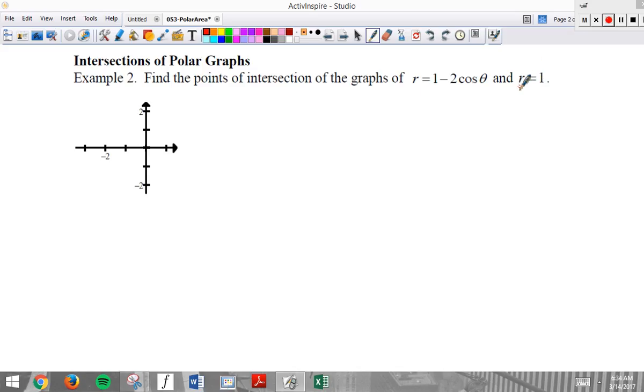So if I want to find all the places where r equals 1, I just plug in r equals 1. So 1 equals 1 minus 2 cosine theta. Negative 2 cosine theta equals 0.